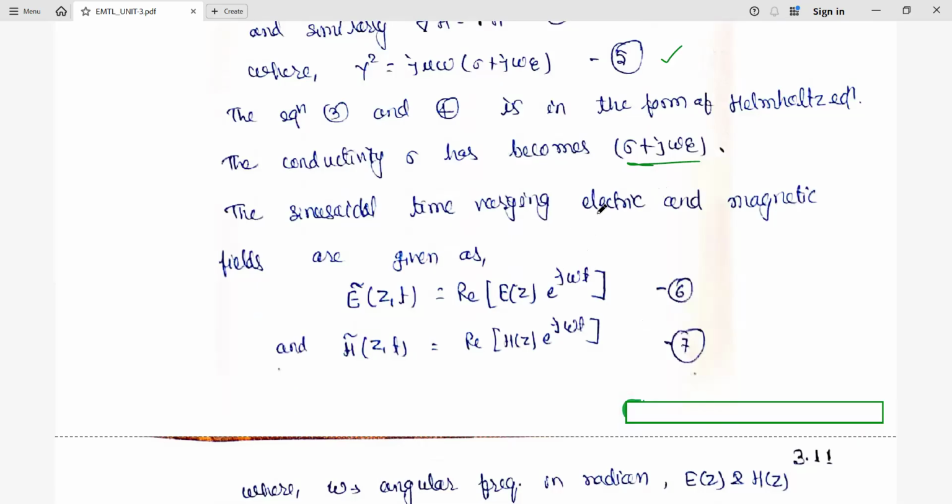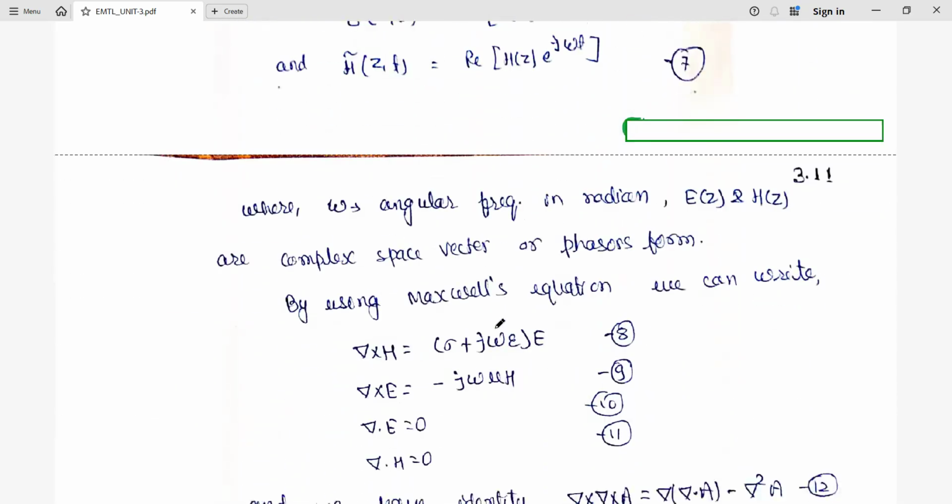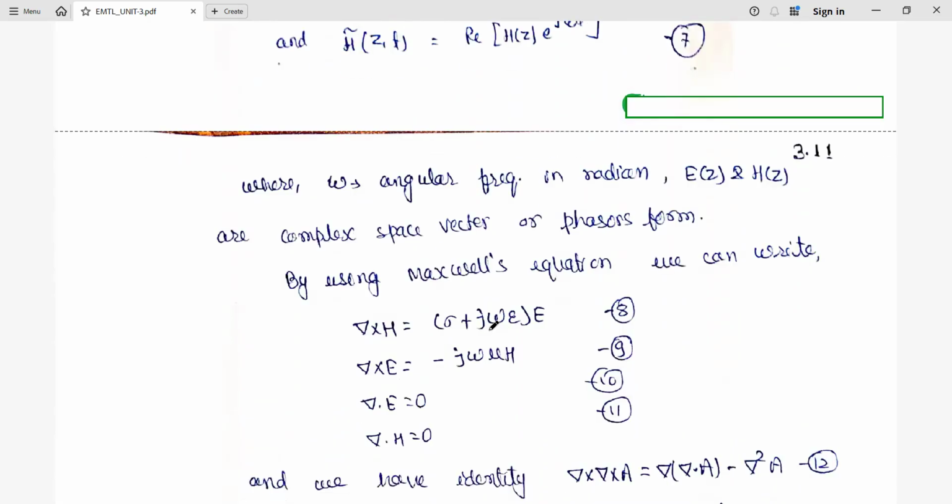Till now what we have is in the space domain only. To obtain the time varying field, we have to multiply by e to the power j omega t, and after multiplying with e to the power j omega t, we take the real part only. And this omega is the angular frequency in radians.